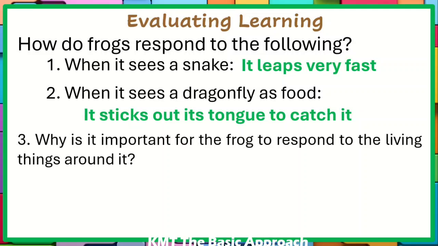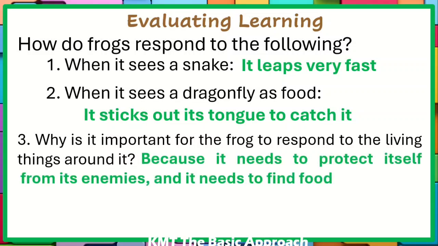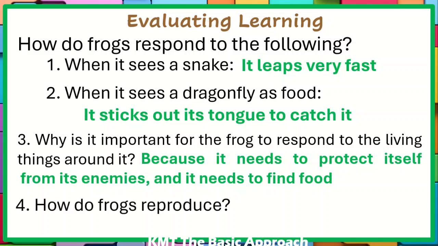Number 3, why is it important for the frog to respond to the living things around it? Because it needs to protect itself from its enemies and it needs to find food. Number 4, how do frogs reproduce? By laying eggs.